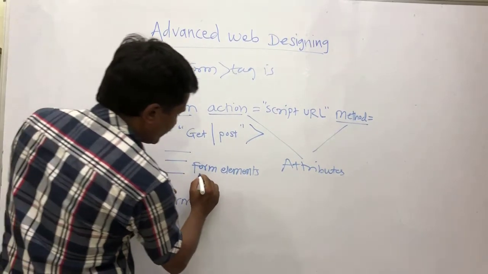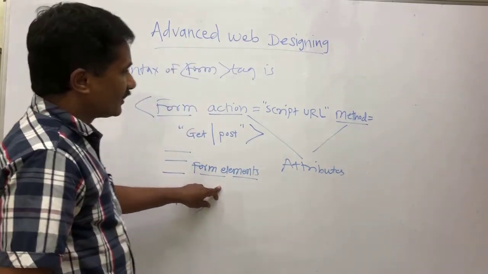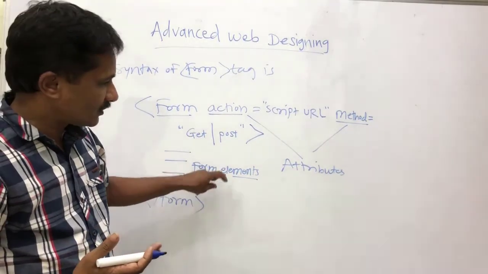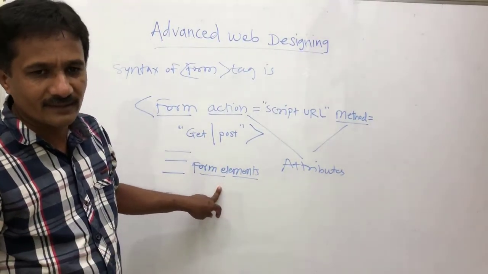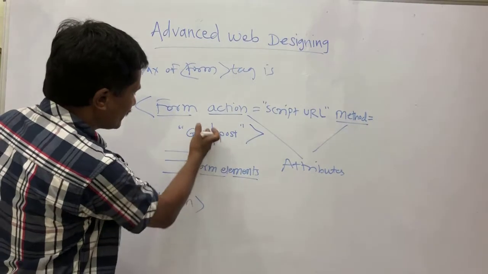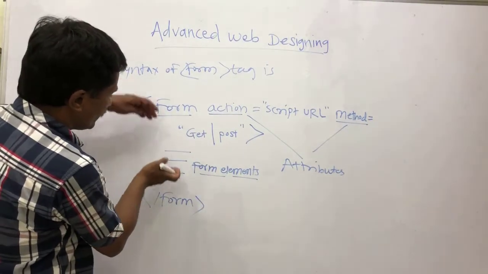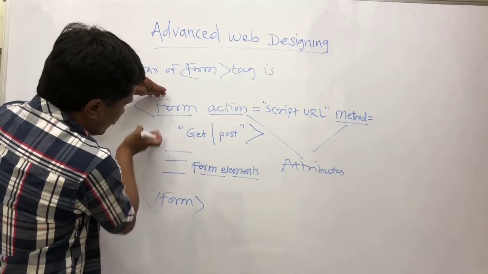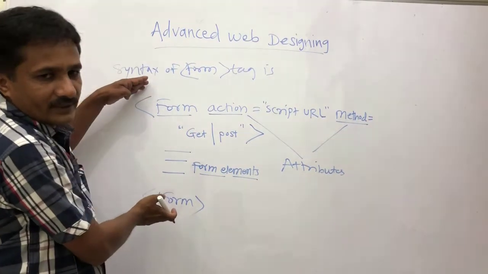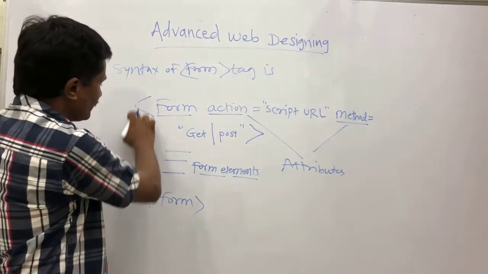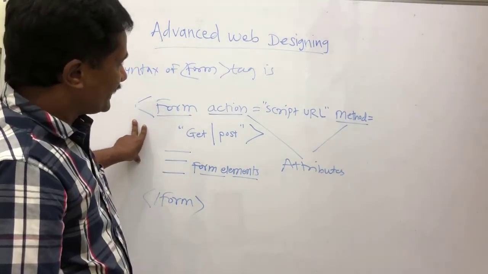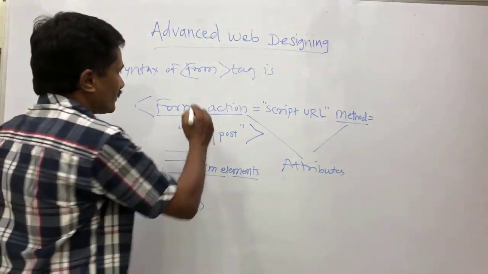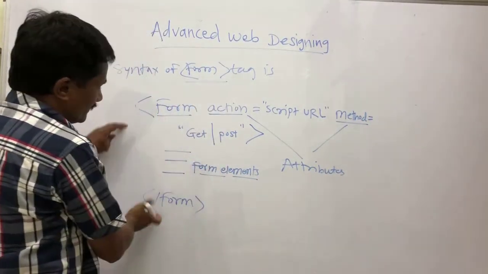These form elements are the examples we already studied: the input, text box, checkbox, radio buttons. You can put these elements between the opening and closing form tag. This is the simple syntax for the form tag.